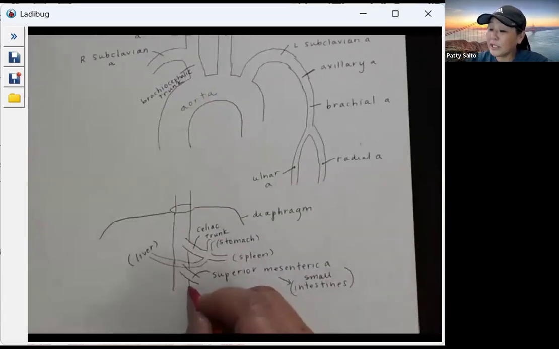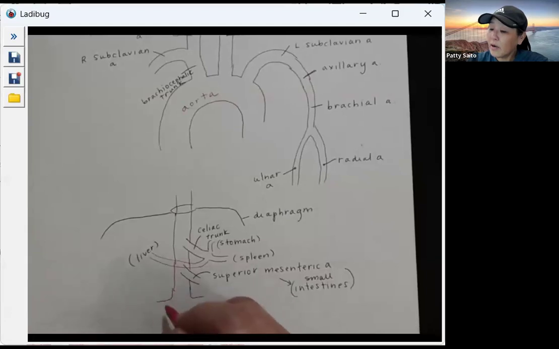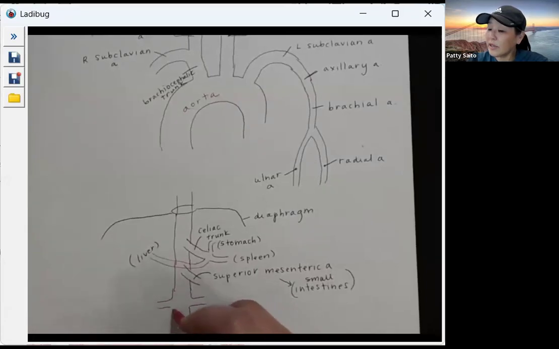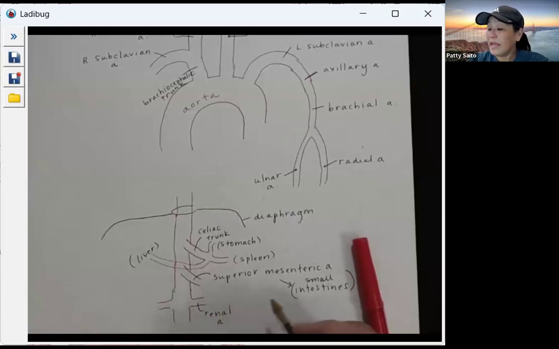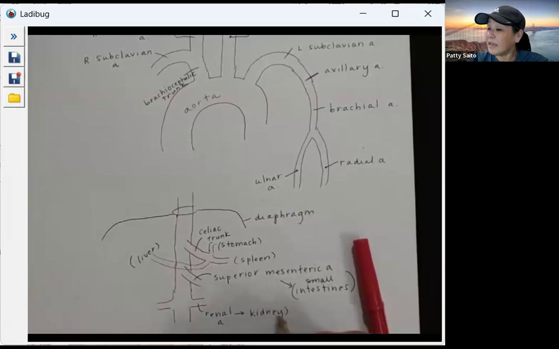Next, we have branches going this way and that way. These are the renal arteries. And this is going to the kidneys. Renal means kidney.